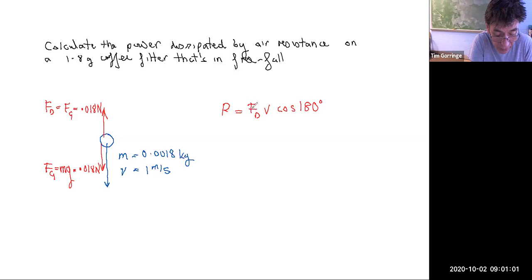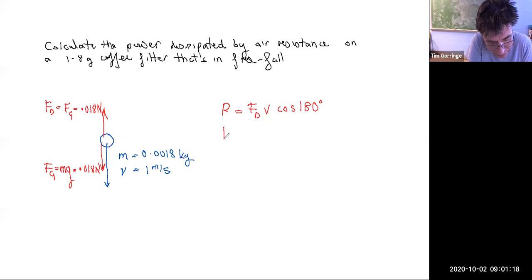So this is the magnitude of the drag force. This is the terminal velocity of the coffee filter. And this cosine 180 degrees is because the motion is downwards, the drag force is upwards. They're in opposite directions.